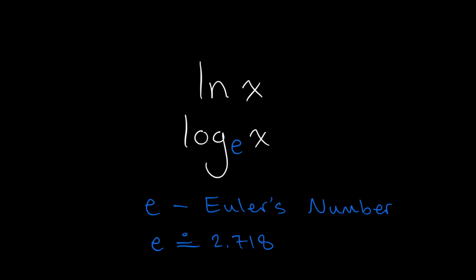And the key thing about the natural logarithm is that the same rules which apply to the normal logarithms also apply to it as well. It's just a special sort of logarithm with a constant defined base rather than some arbitrary number that you can plug into there. So it's really not that special. All you need to know is that it's an abbreviated version of rewriting log base e of x.